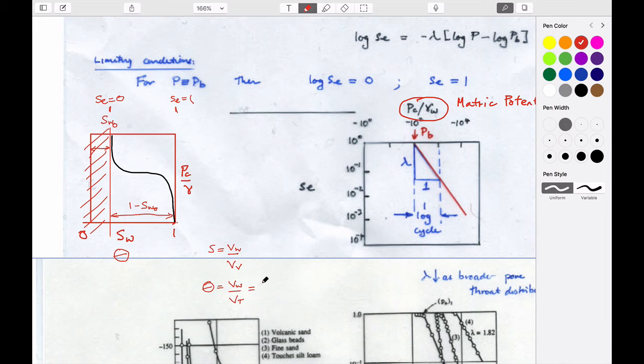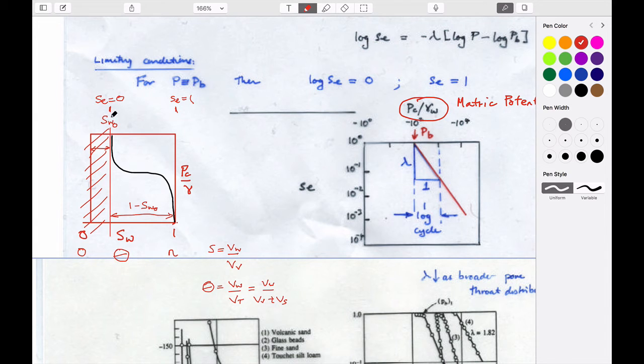So which is the same as the volume of water divided by the volume of voids plus the volume of solid grains. So it's just a different way of calculating how much water is in the system. Instead of normalizing it to the void volume, so you fill the voids 100%, saturation's 1. You fill all the voids, so you fill the porosity, then this bounding value is just equal to porosity.